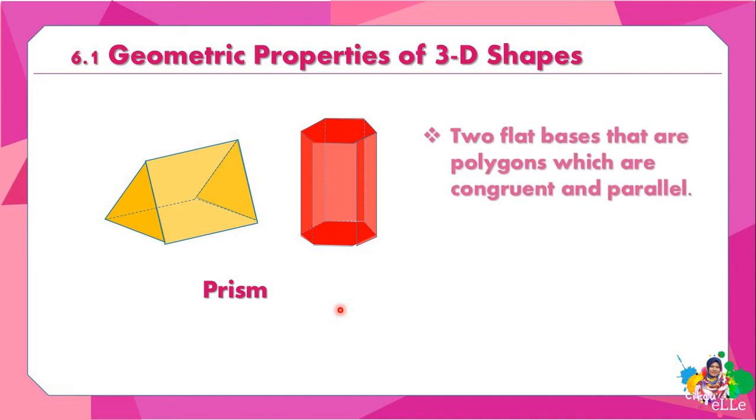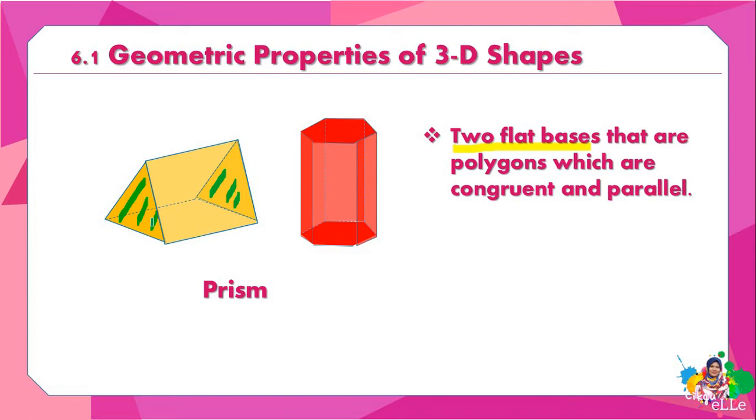Do you know? Okay, prism has two flat bases that are polygon, which are congruent and parallel. Okay, two flat bases. So this one is the flat base. Remember what is polygon?